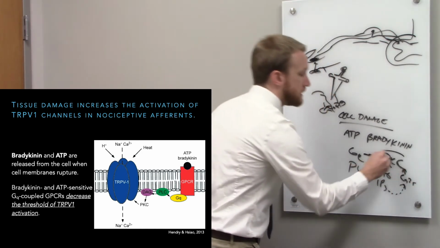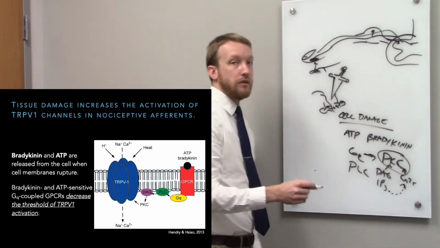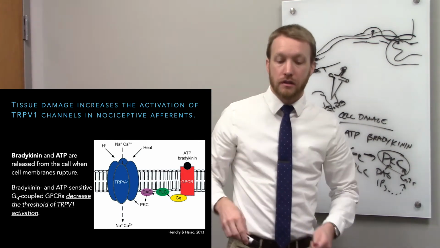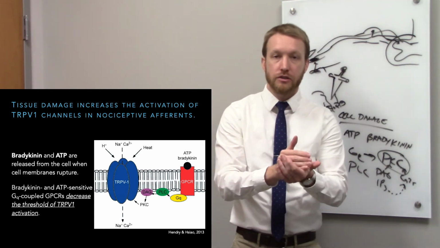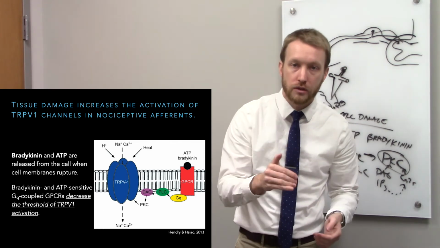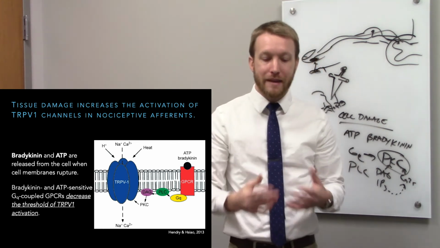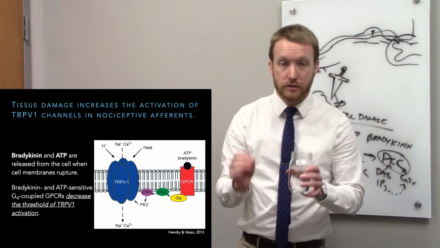Anyway, what protein kinase C is going to do is phosphorylate those TRP channels and increase their conductance. And it's going to do that by lowering the threshold of activation. So if they're temperature sensitive, lower temperatures will stimulate them. So now you're more sensitive to painful stimulus.